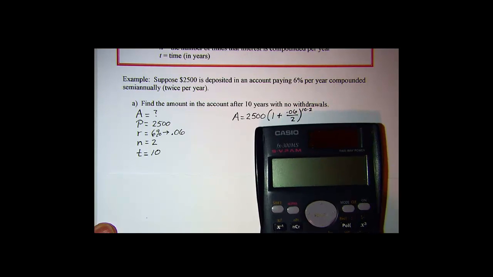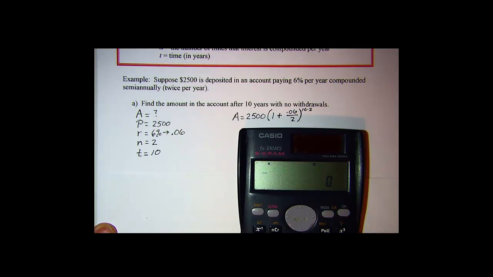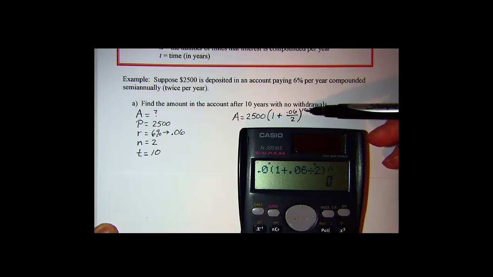Now we can enter this totally on our calculator. We have 2,500 times parentheses 1 plus 0.06 divided by 2, close that parentheses, raised to the, and then since my power has something being done, I need to open parentheses to indicate that all of this is my exponent.